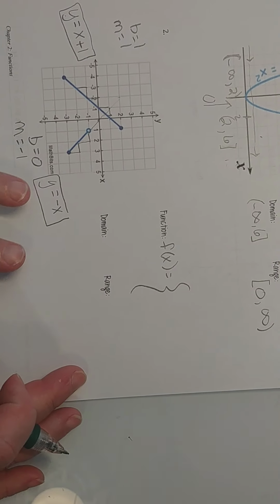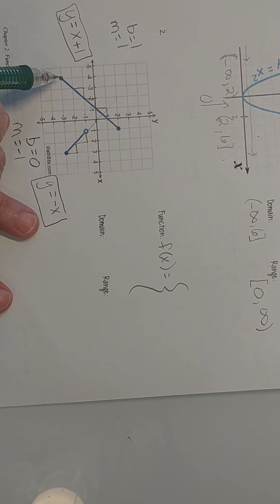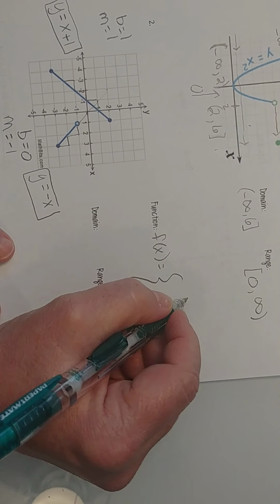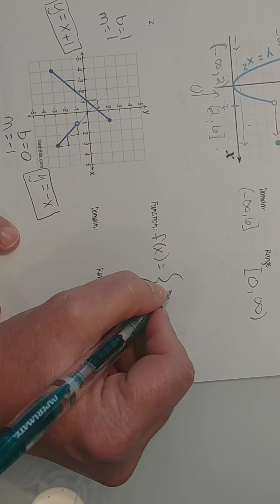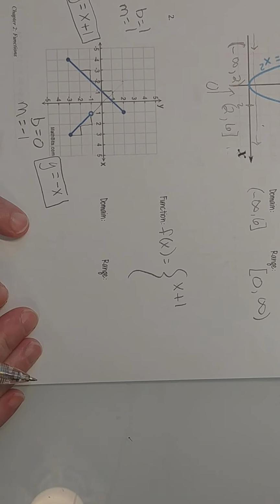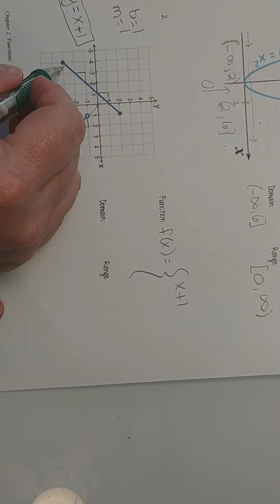So we wrote our two equations, and I'm going to go from left to right. The first one we come to is y equals x plus 1. So on this side of the brace, I'm going to put x plus 1. Now we also need to know from where to where.